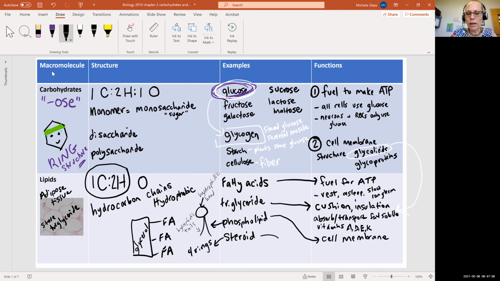And the steroid is going to be important as an example of cholesterol, which is going to stabilize the cell membrane. And we'll also see it acting as hormones. So we have a bunch of hormones, including sex hormones, such as estrogens and testosterones that are being produced by steroids.